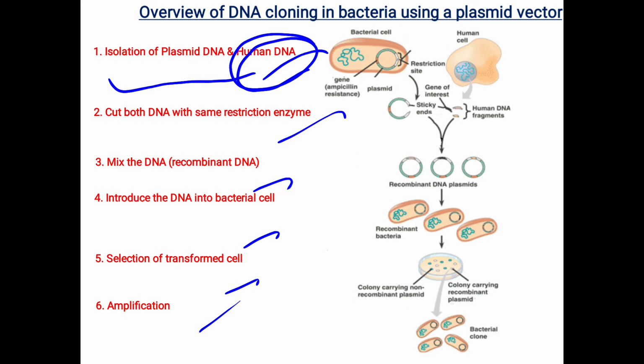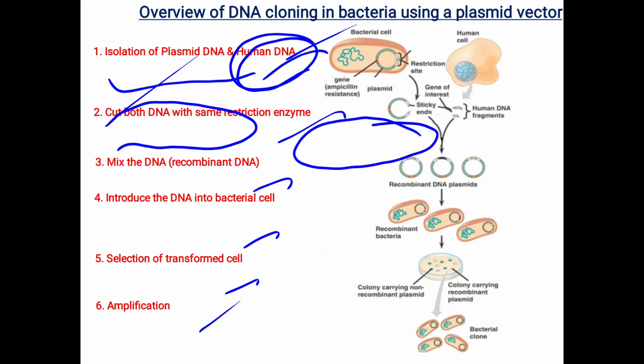Now the restriction enzyme cuts both the DNAs and later on it will form a recombinant DNA, and that recombinant DNA is introduced into the bacterial cell. The host bacterial cell again multiplies and forms so many colonies, and the last two steps involve the selection of transformed cells and the amplification process.